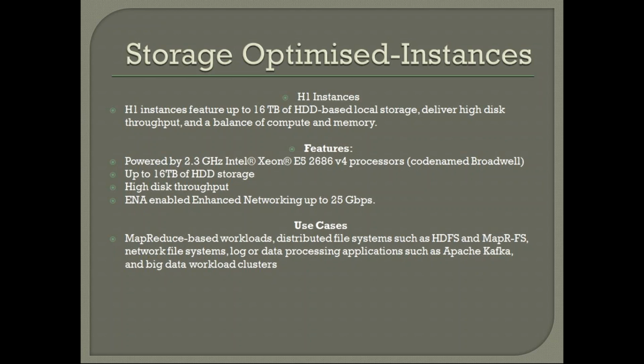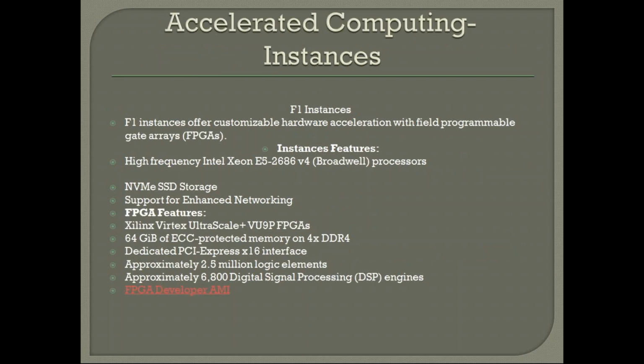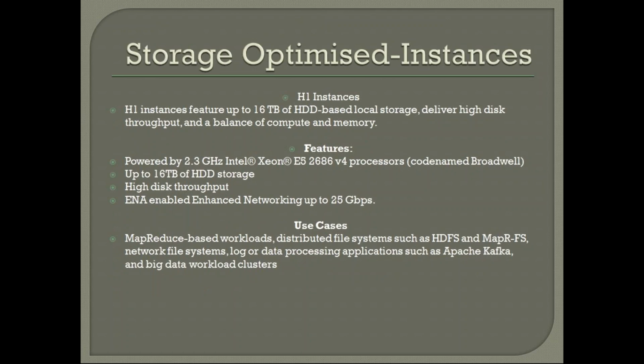Then we came to X1 instances, which are memory optimized instances, and R4, R3 are RAM optimized or memory optimized instances. Lastly, we saw accelerated computing instances, for example F1. Accelerated computing is nothing but graphics optimized instances.